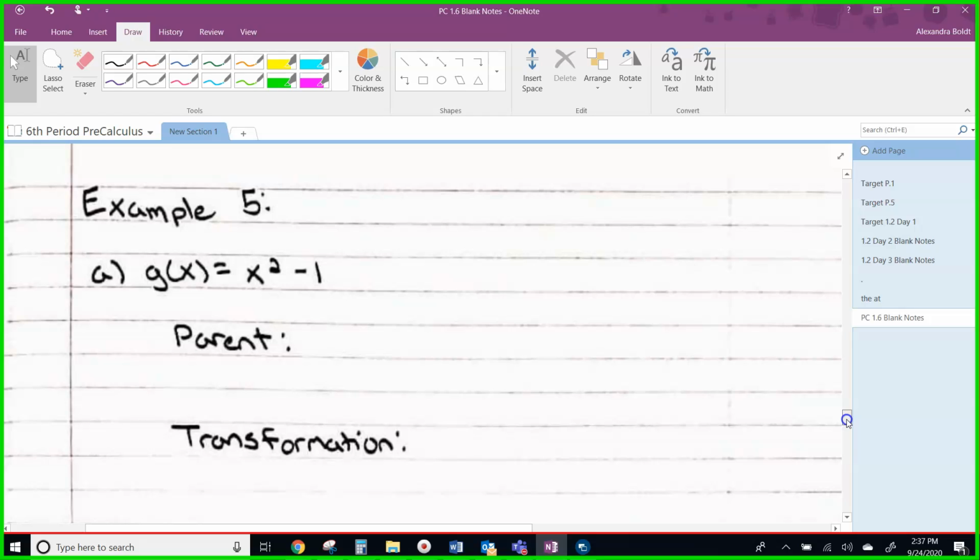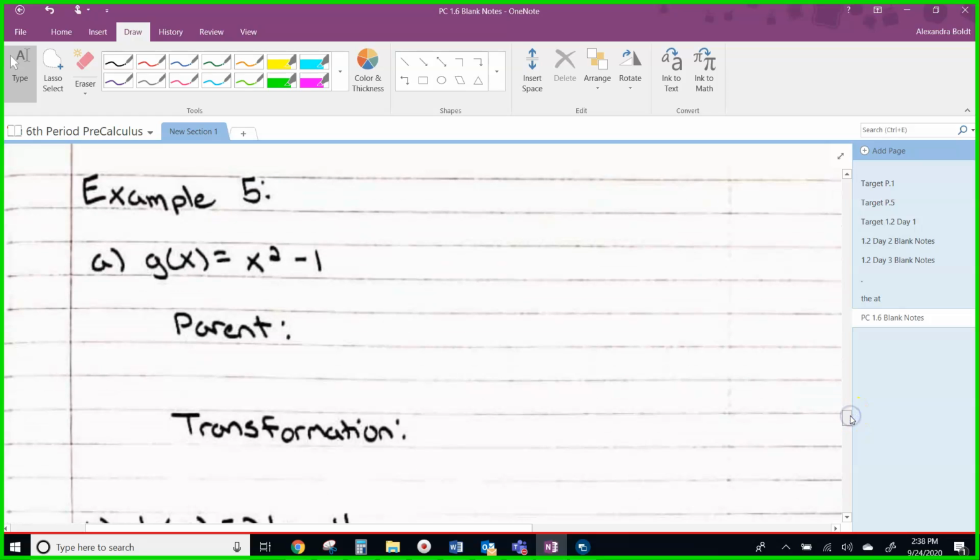The next thing we're going to look at is graphing these functions after their transformations. So example 5, and for each of these, we want to know what the parent function is. We want to know what that transformation is, and then we want to graph it. So looking at A, we have g of x equals x squared minus 1.